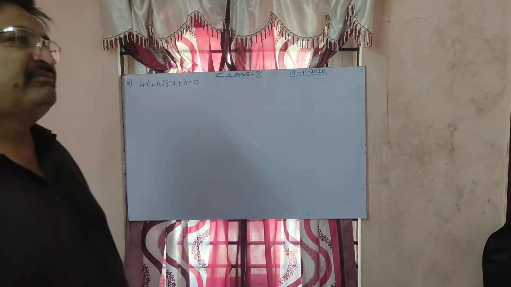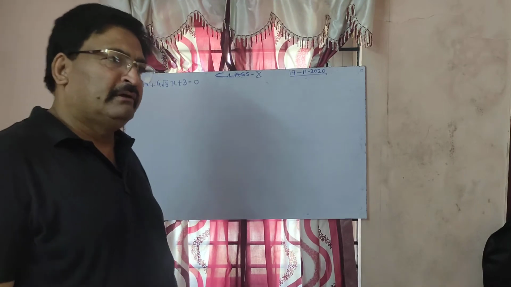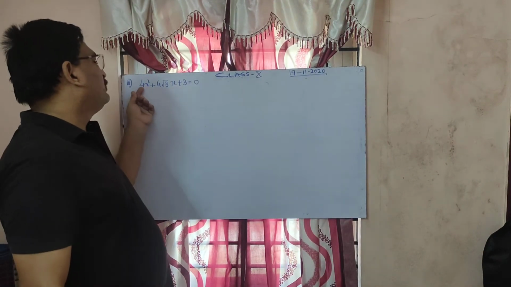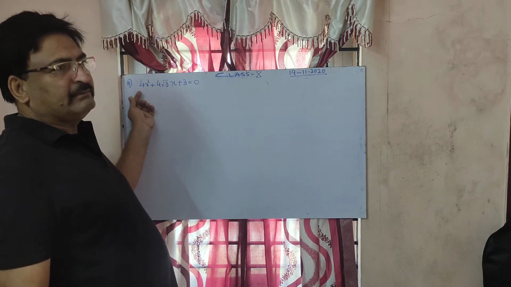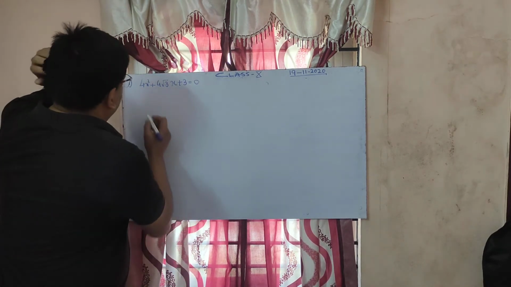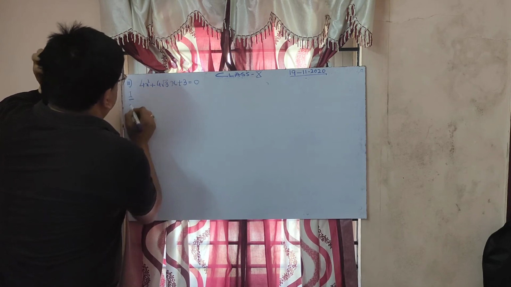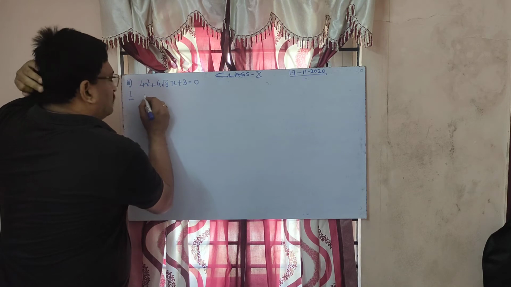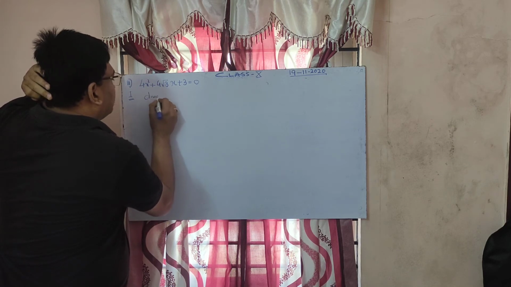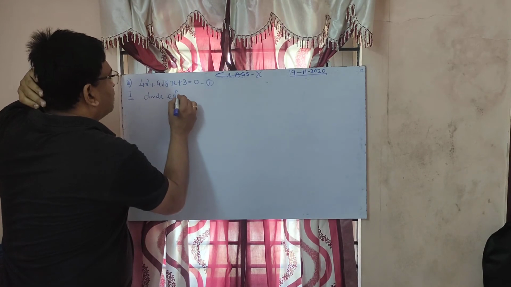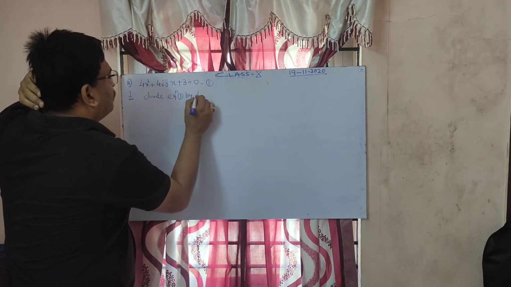So we all know the first step. What is the first step? Remove the coefficient of x square. So divide equation 1 by 4.